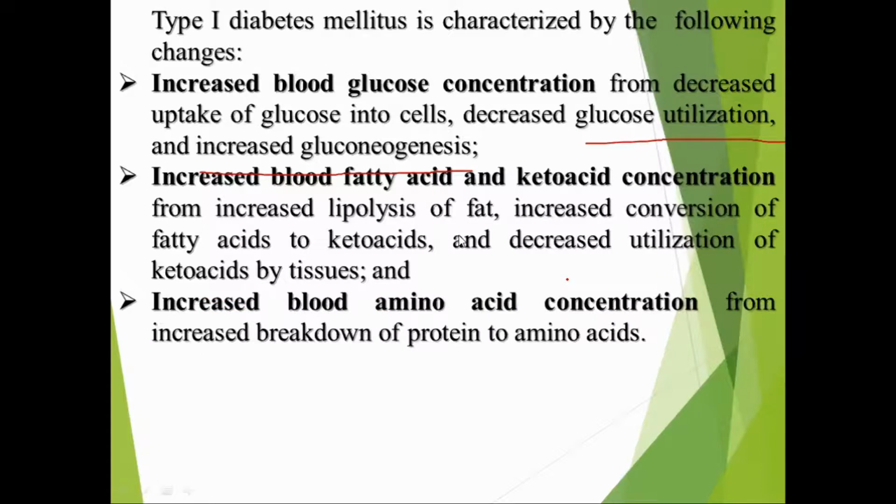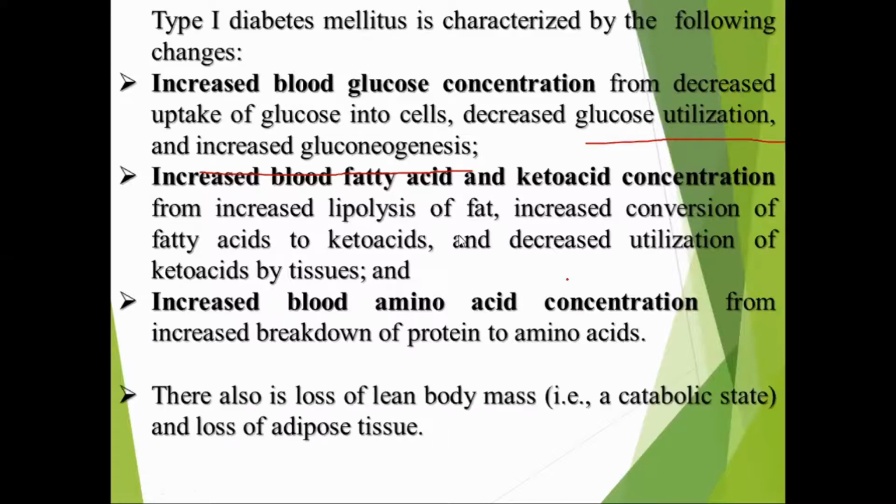Then increased blood amino acid concentration from increased breakdown of proteins into amino acids, and loss of lean body mass, that is a catabolic state, and loss of adipose tissue, because insulin is involved in anabolic action.